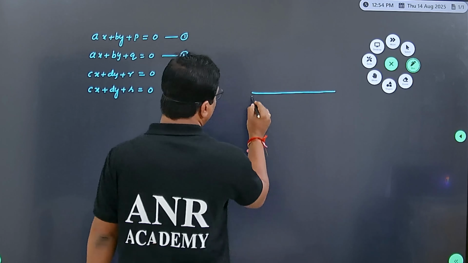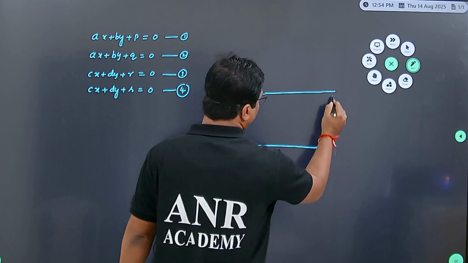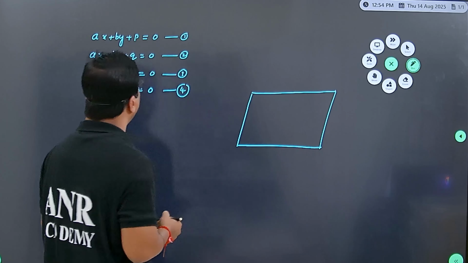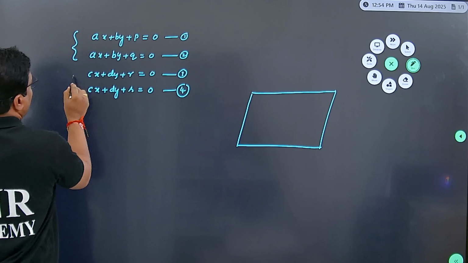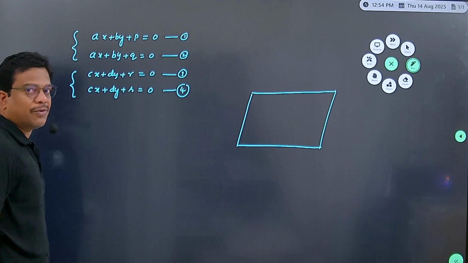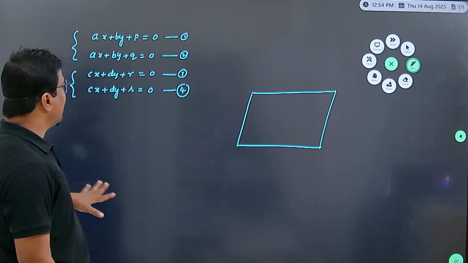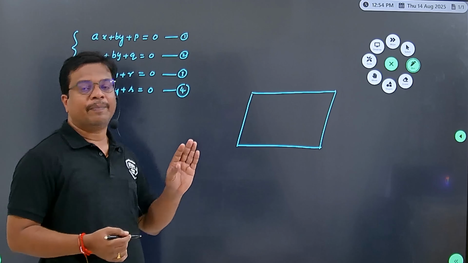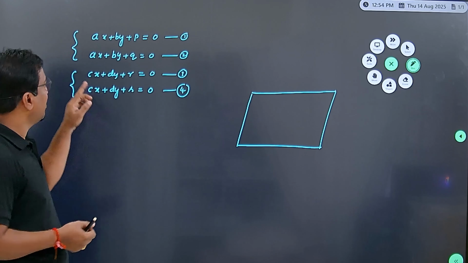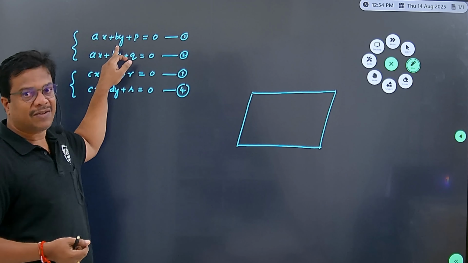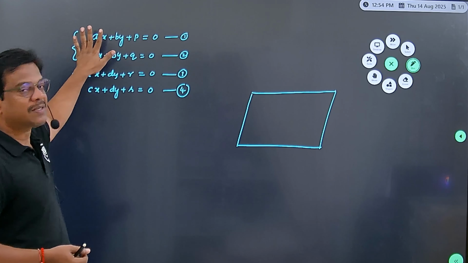Assume that this is the figure. These two are parallel and the remaining third and fourth are also parallel. We know that parallel lines have the same slope. Slope depends upon the coefficient of x and the coefficient of y, so they must be the same.